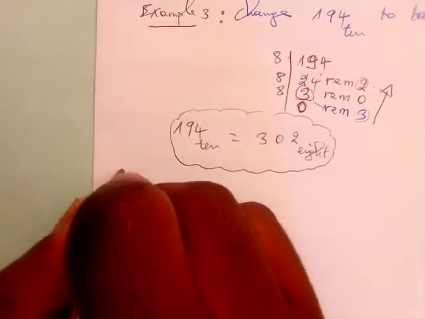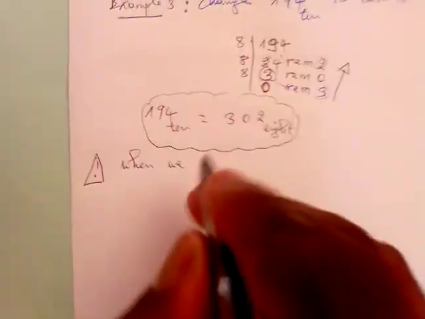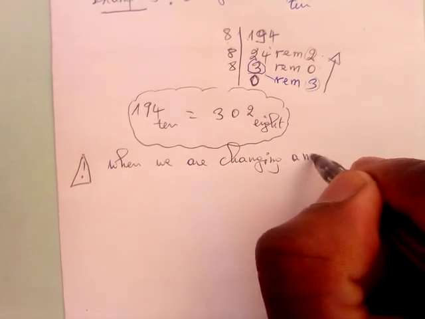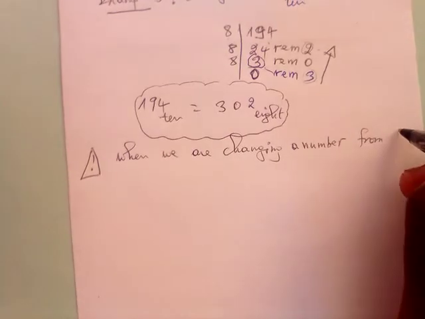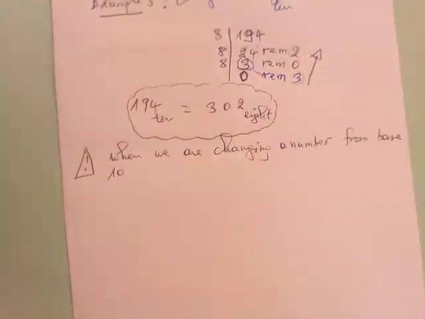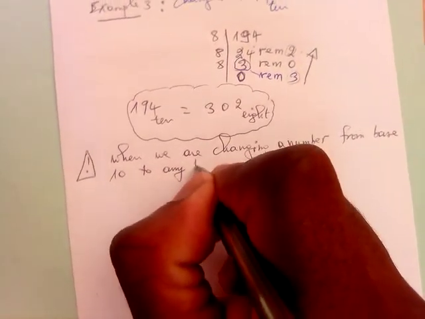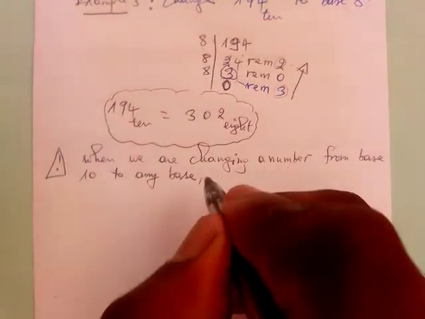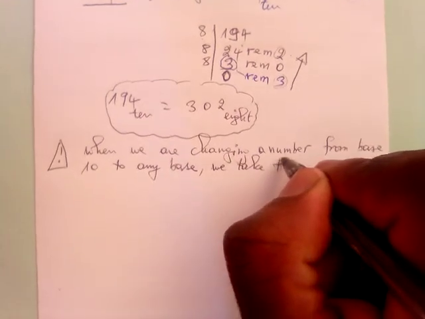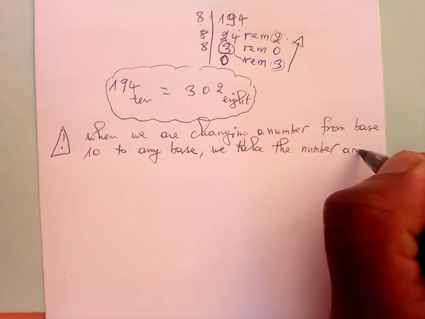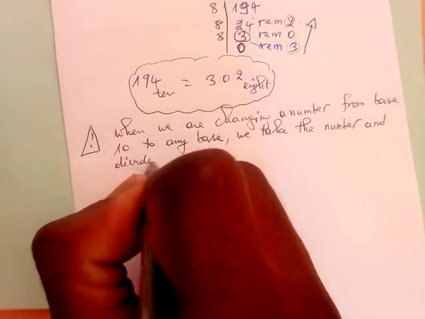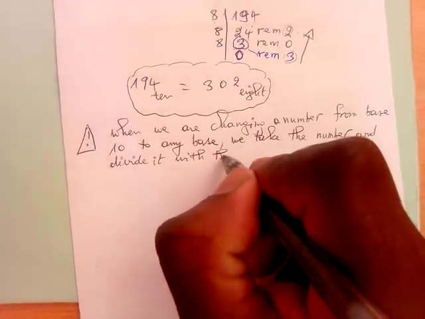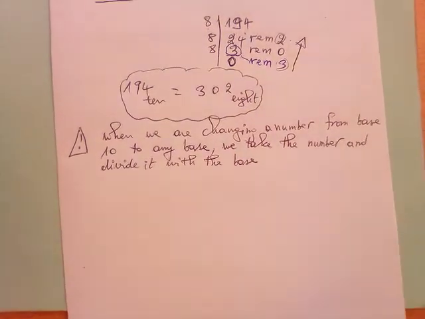When we are changing a number from base 10 to any base, we take the number and divide it by the base in which we want to change our number.